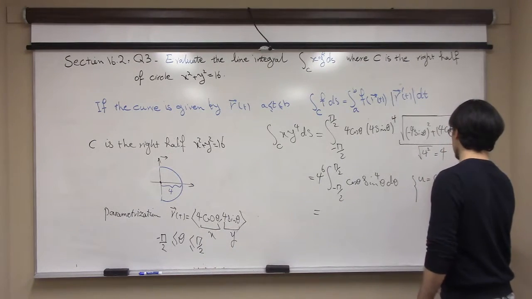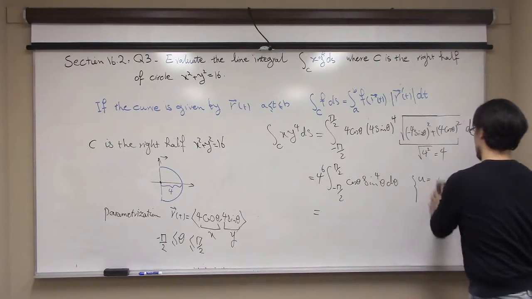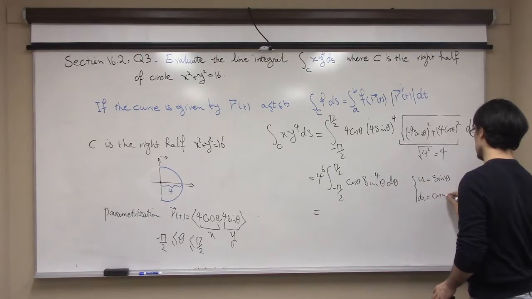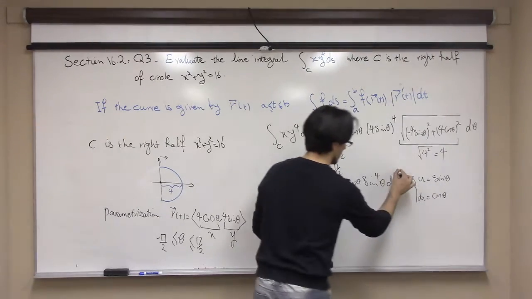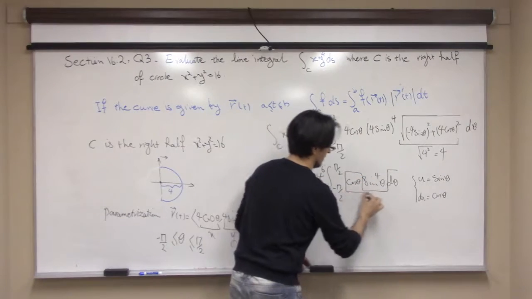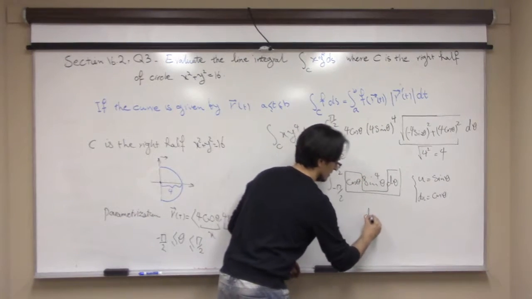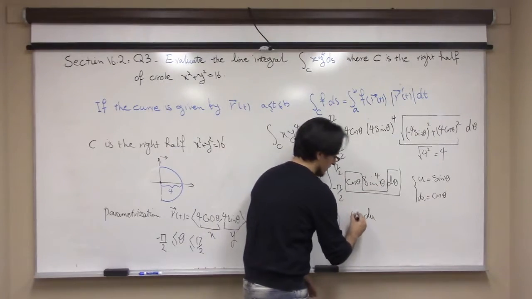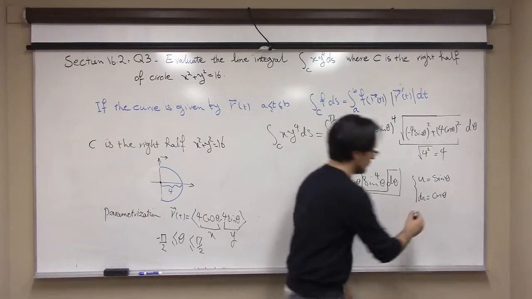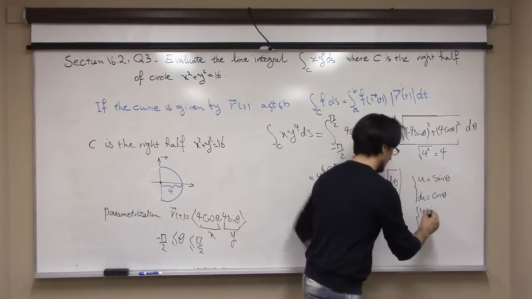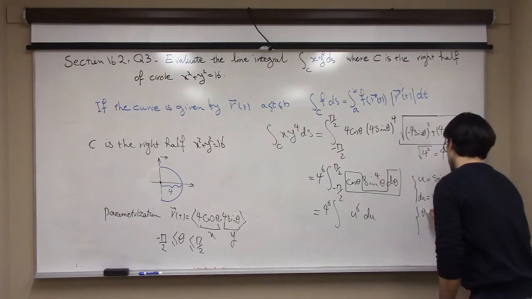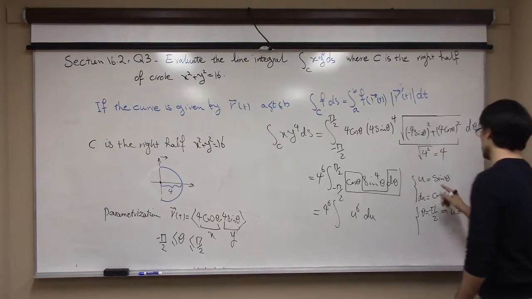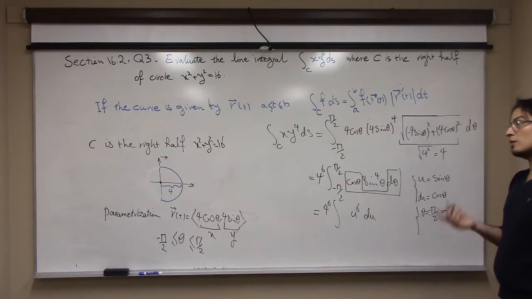Set u to be sine theta, and then du is going to be cosine theta d theta. That means I have du here. This is u to the power 4. And for boundaries, if theta is negative pi over 2, then u is sine of negative pi over 2.